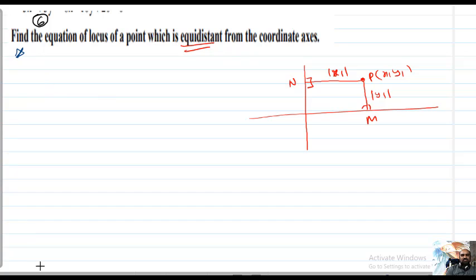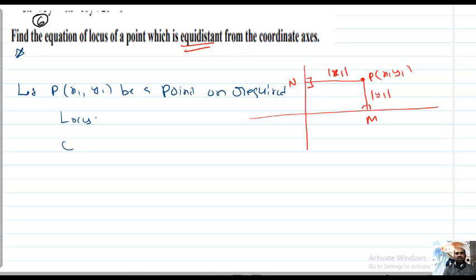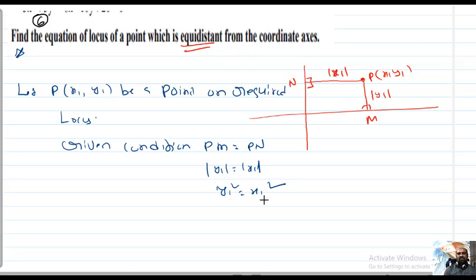So first of all you need to write the steps. Let P(x1, y1) be a point on the required locus. Given condition PM equal to PN, or mod y1 equal to mod x1, or squaring, y1 square equal to x1 square.